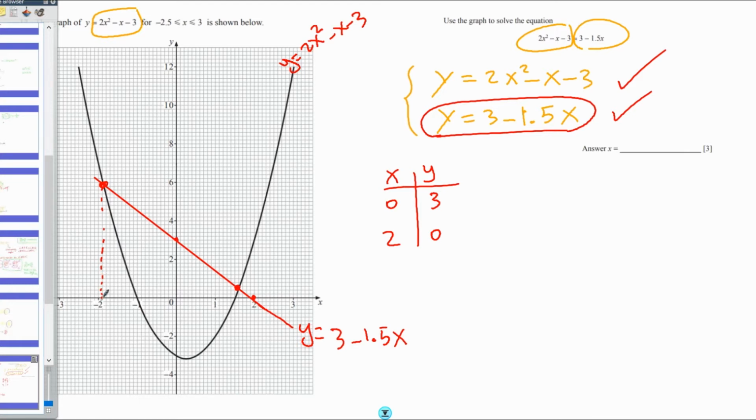We have somewhere around x equals minus 1.9, and the y of that point is somewhere around 6. And the other intersection, this point here, is x equals 1.6 and y equals around 0.6.